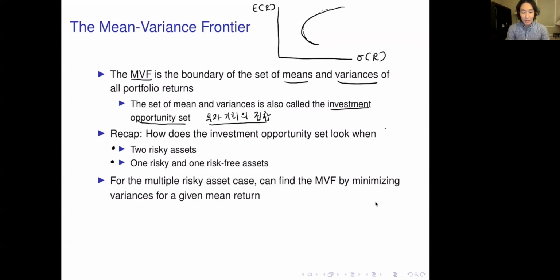And after that, we will look at a more general case of n risky assets. So let's take a first look at how two risky asset cases and one risky and one risk-free asset cases can be computed mathematically. 자, 먼저 제일 처음 볼게 이제 two risky asset case예요.